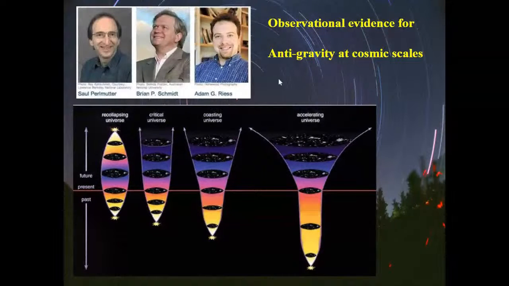By studying type 1a supernovae, they showed that this typical scale not only is increasing with time, but the rate at which it is increasing is itself increasing. And therefore, there must be some crazy matter which causes repulsive gravity, which has been christened dark energy.